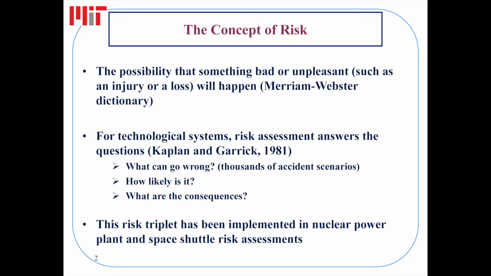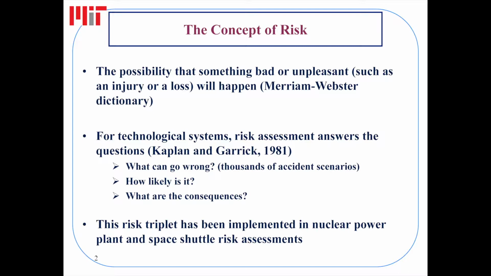But then importantly, we're also asking how likely are these accidents and what are their consequences, okay? These questions were not asked before, or they were answered in a different way, as we'll talk about it.